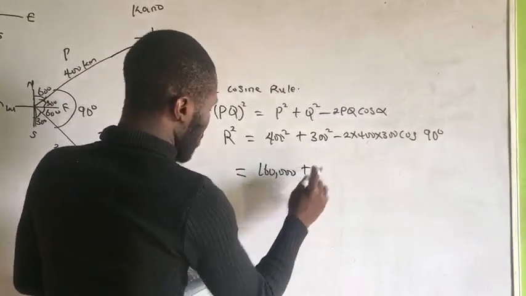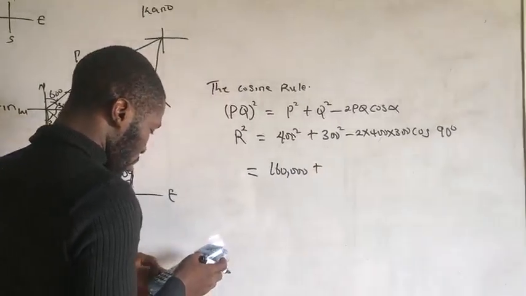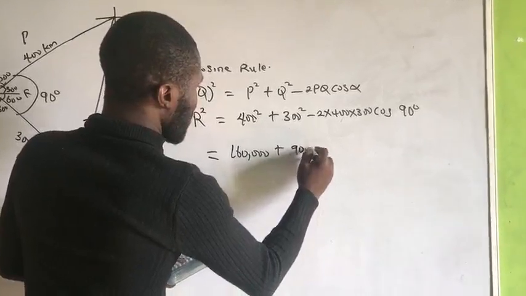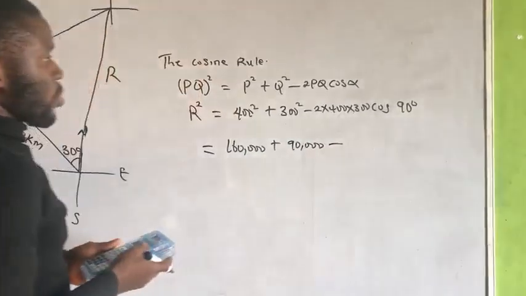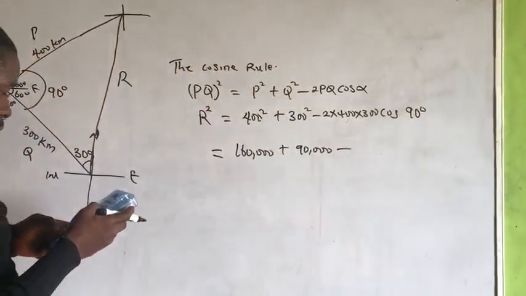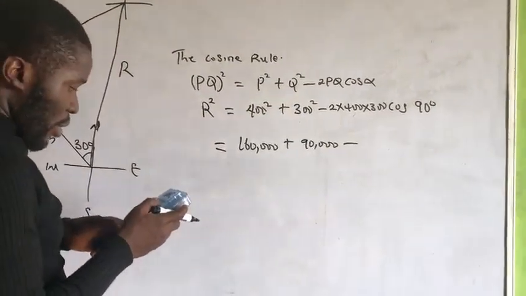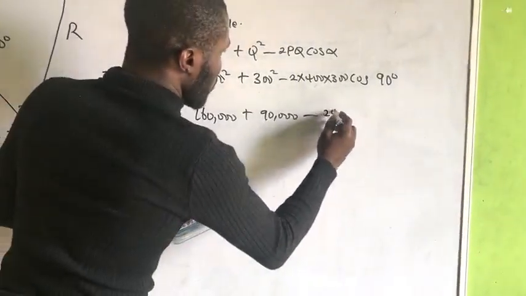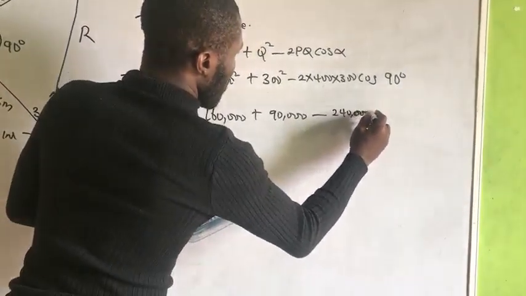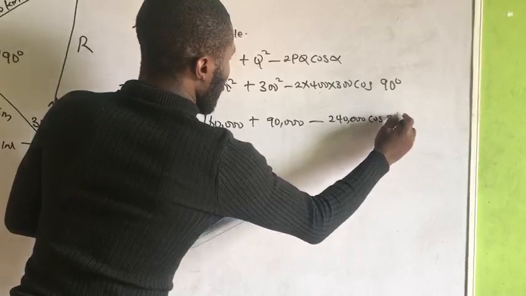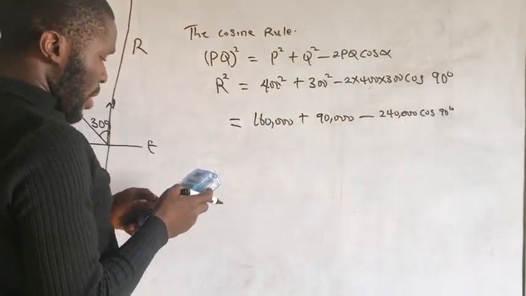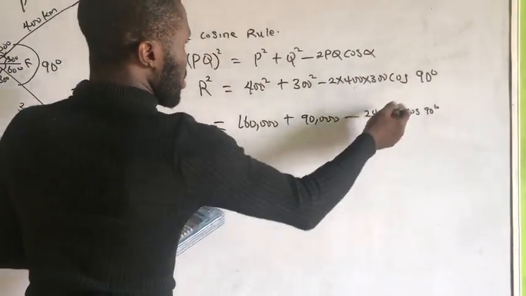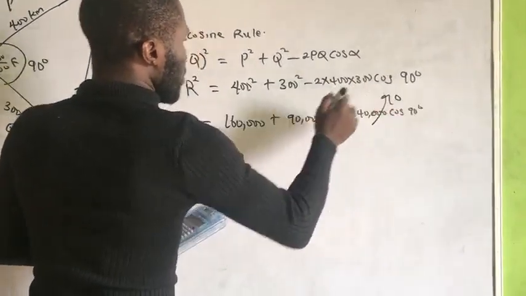Plus 300 squared, which is 90,000. Minus 2 times 400, which is 800, times 300, which is 240,000, cos 90 degrees. Of course, cos 90 is 0. So since cos 90 is 0, this whole thing is 0.